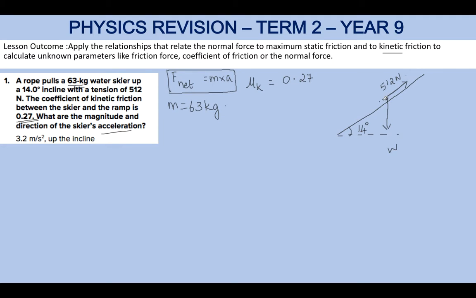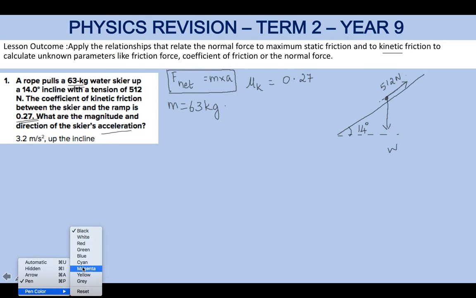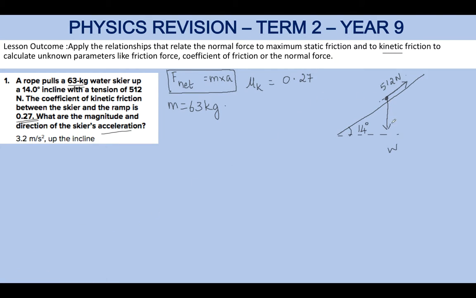How do we find F net? We know the forward force, so you need to find the opposing forces, the forces acting in the opposite direction. Since weight is acting down, you will have a component of weight acting in the opposite direction to the tension. Another force will be the kinetic friction, Fk.